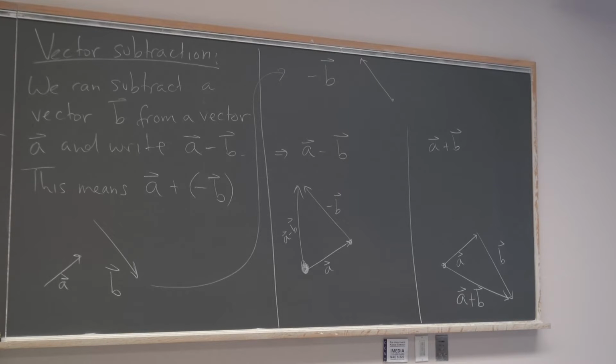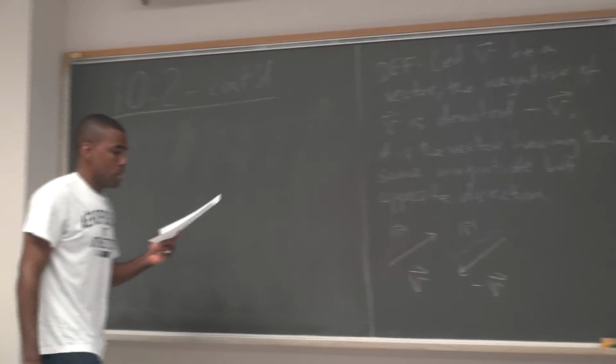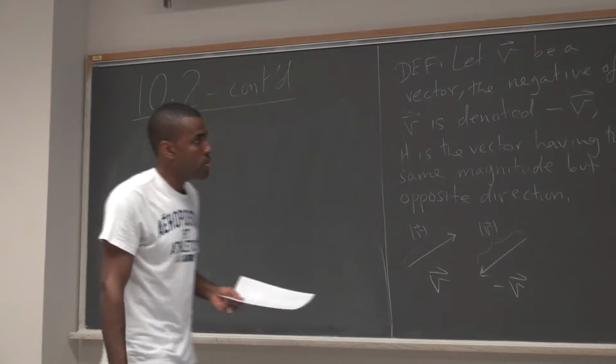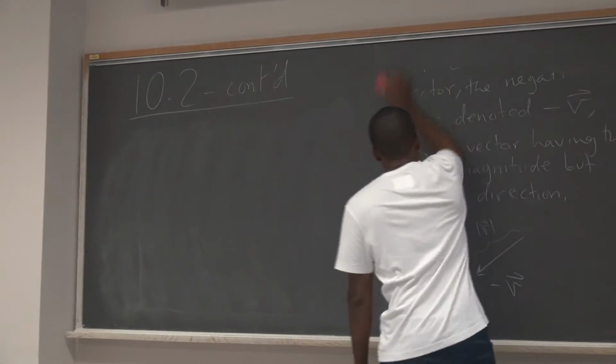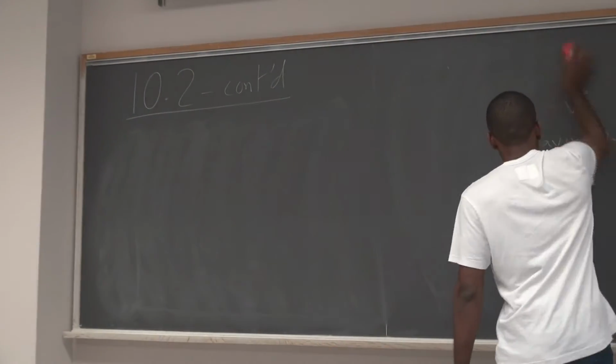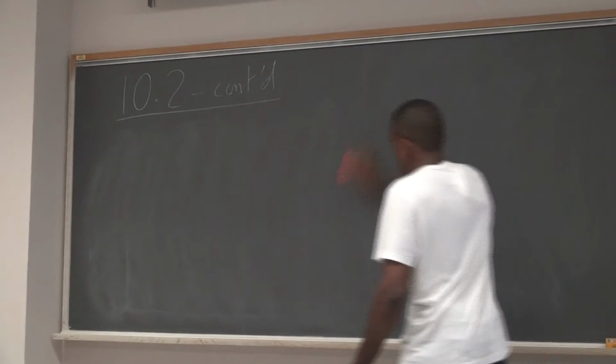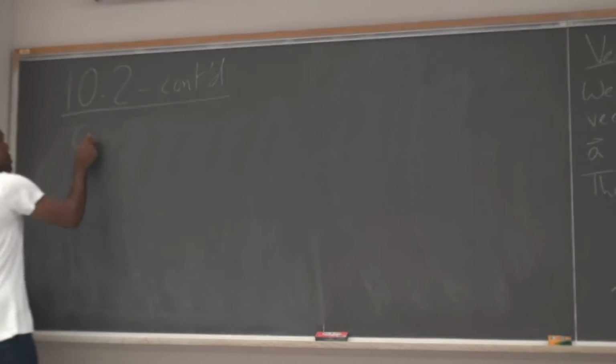So we're going to talk now less about the geometric side of things and more about the algebraic side of things. We need to write down formulas and stuff. Let's jump into that and talk about the components of vectors.